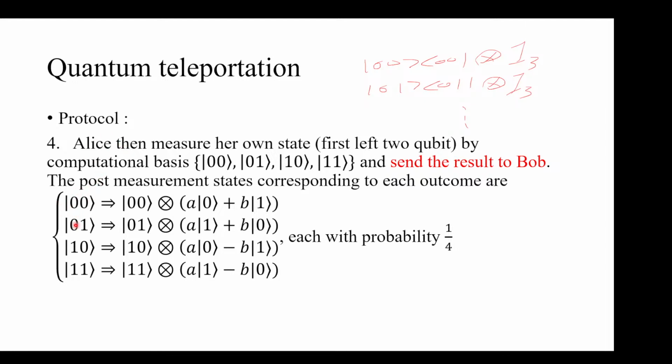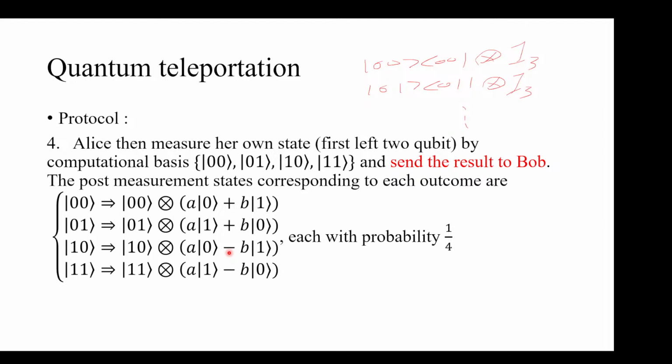Alice will know which of the four outcomes she gets, because when we do a measurement, we know the outcome. So Alice will know whether she measures 0, 0, or 0, 1, or 1, 0, or 1, 1. And now here is some weird quantum thing that happens. After the measurement is done, the state changes instantaneously.